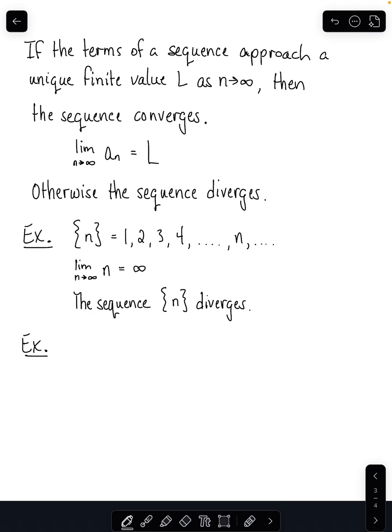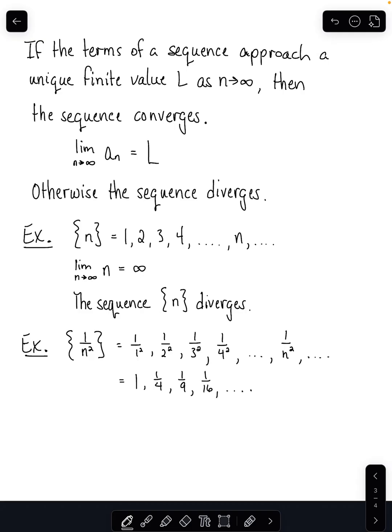On the other hand, if the formula for the terms of our sequence is 1 over n squared, then the terms of the sequence would be 1 over 1 squared, and then 1 over 2 squared, and then 1 over 3 squared, and then 1 over 4 squared, etc. In this case, the terms are obviously approaching 0.